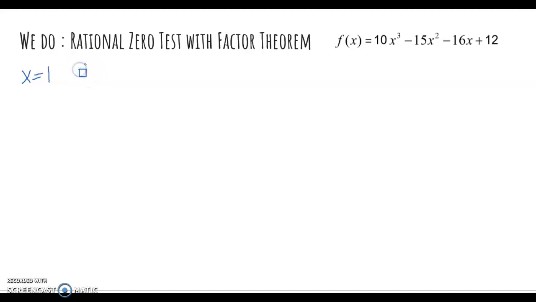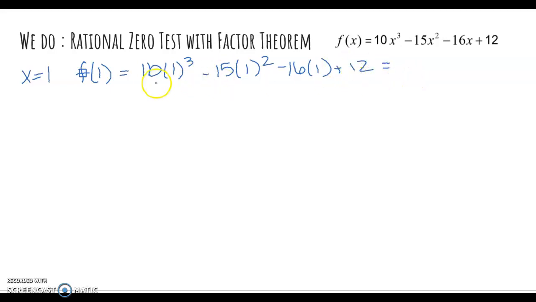So we've got f of 1 equals 10 times 1 cubed minus 15 times 1 squared minus 16 times 1 plus 12, which gives me 10 minus 15 minus 16 plus 12. -5, -22, it's going to be -10. Not a 0. So let's try -1.